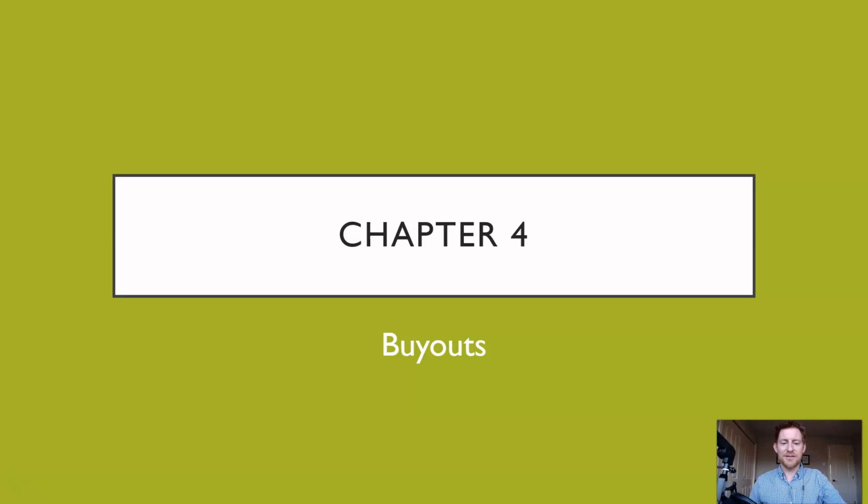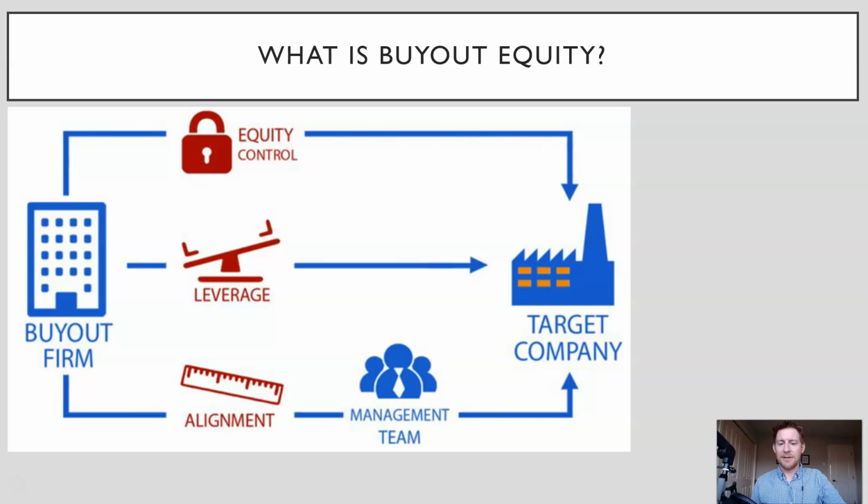So now we're in the stage of buyouts. We've got our buyout firm, and they have three direct links to their targets. First, they get equity control. This is a controlling interest, so 50% plus one and more. Sometimes it can be 100%.